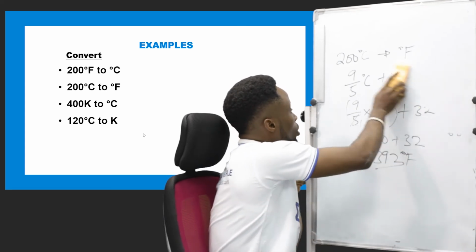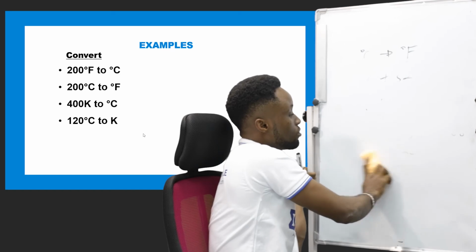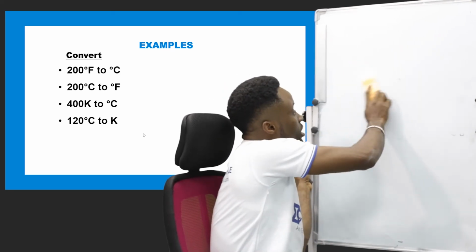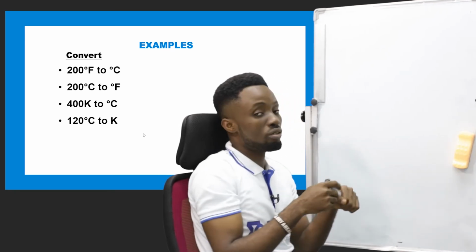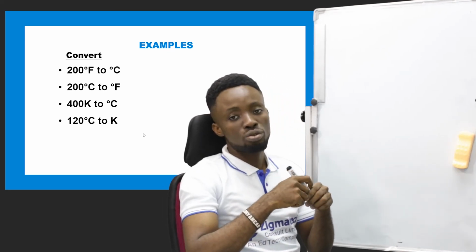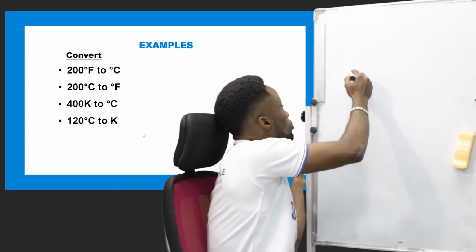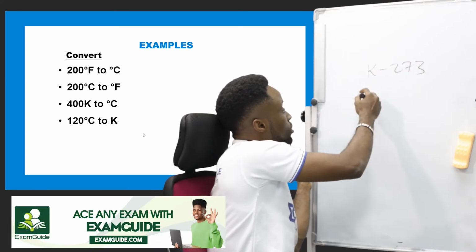Then the third question says we should convert 400 Kelvin to degrees Celsius. Now, in order to do that, we make use of 273. So to convert from Kelvin to Celsius, we simply do K minus 273.